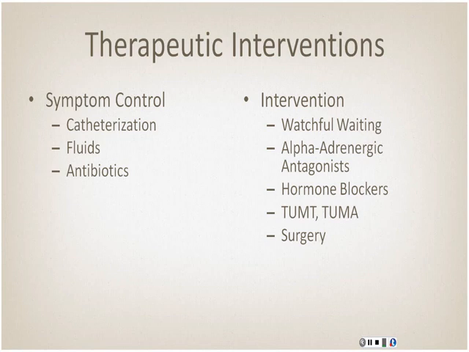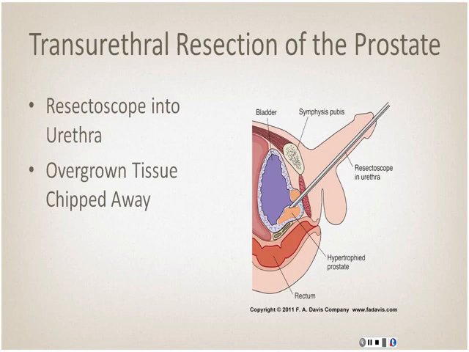One type of surgery is a transurethral resection of the prostate to remove tissue and reopen the prostate, and this is called TURP. A scope is inserted through the urethra down the penis, and then the overgrown tissue is chipped away.